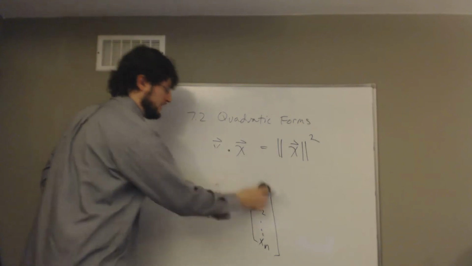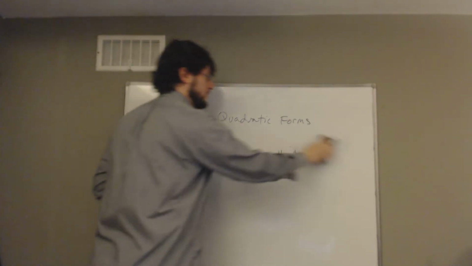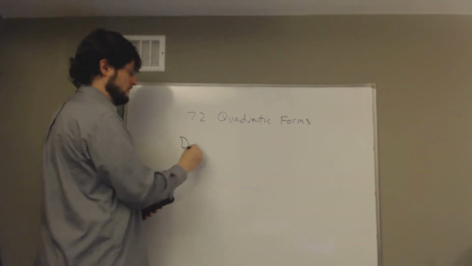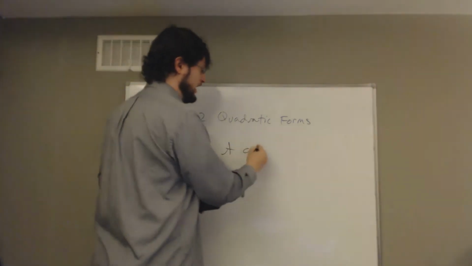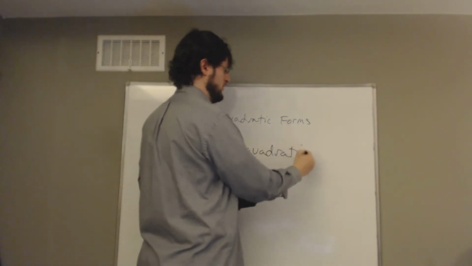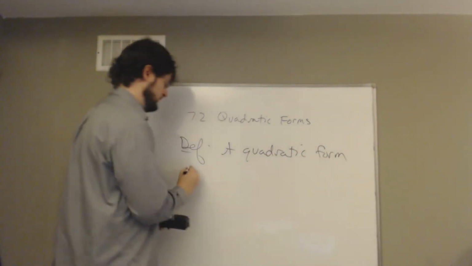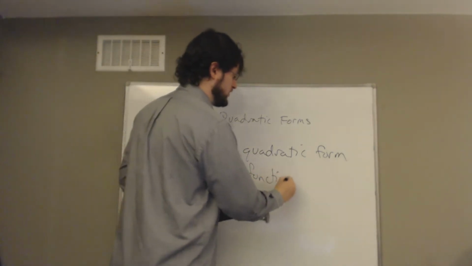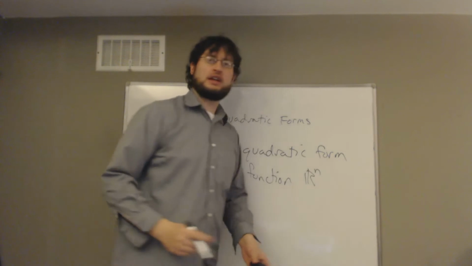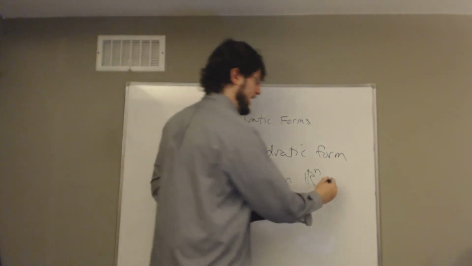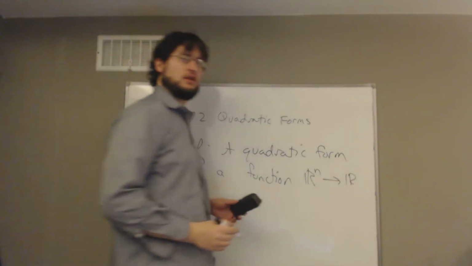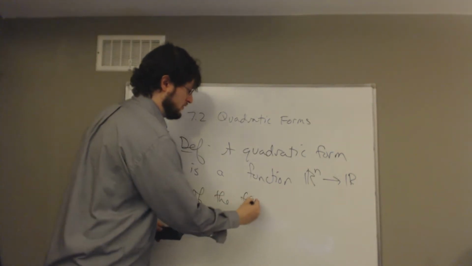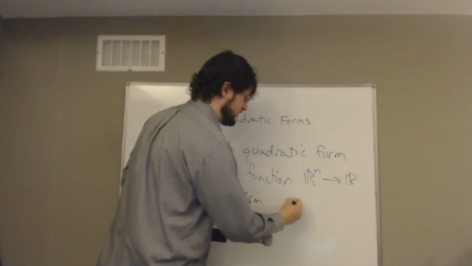Let me write down what I mean. So, definition. A quadratic form is a map. It's a function which inputs a vector and it outputs a real number, r, of the form x transpose.